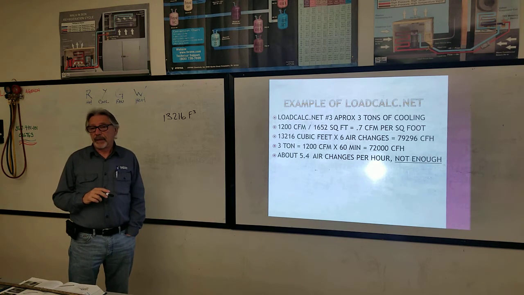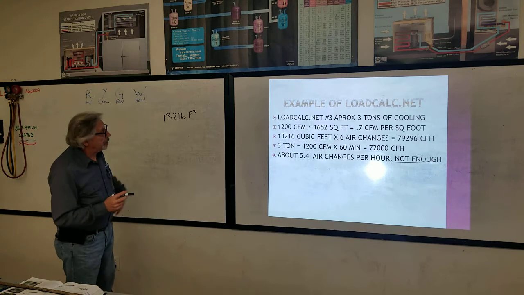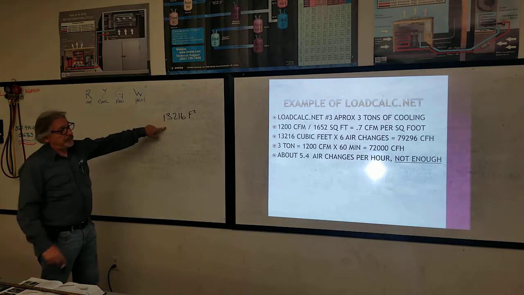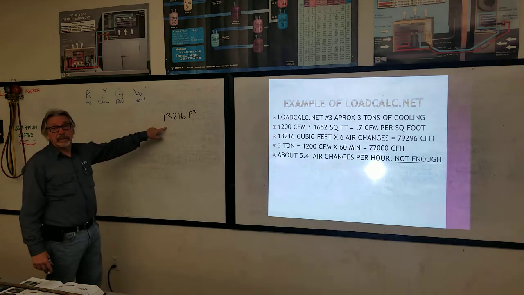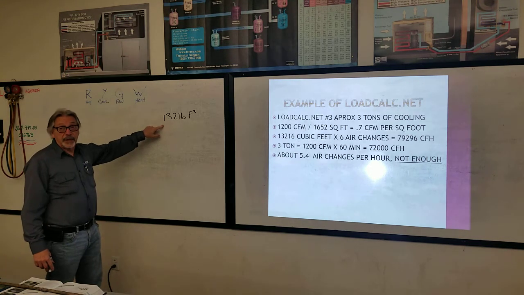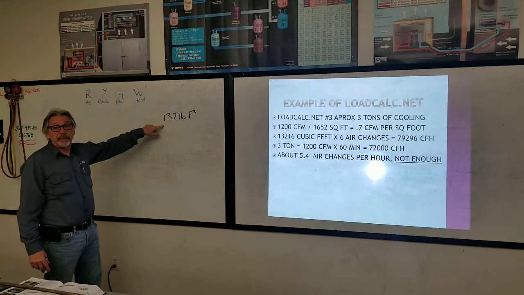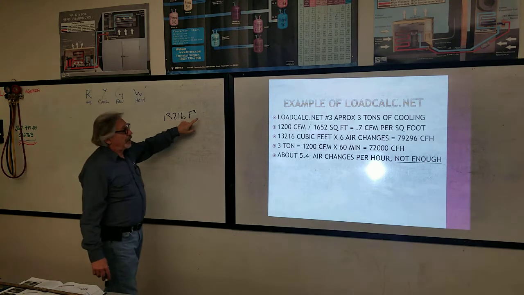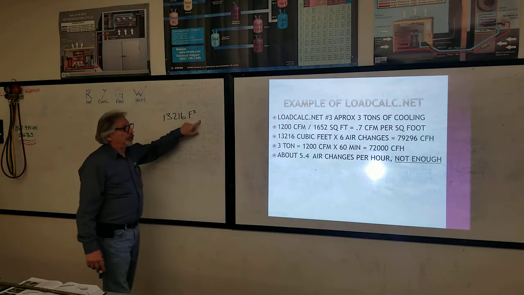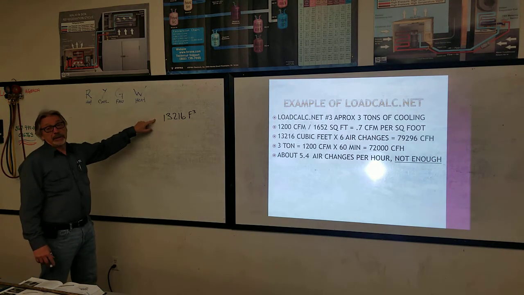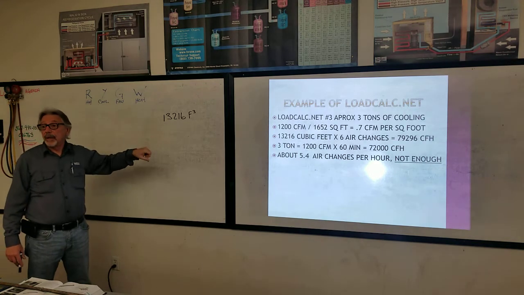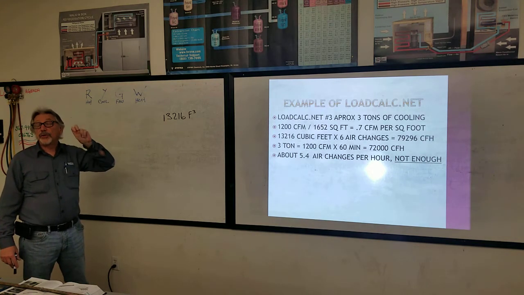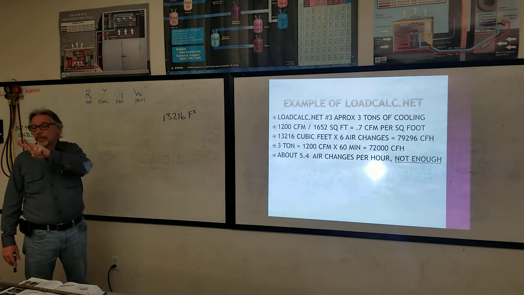So we're gonna figure out what our cubic feet per minute is. How many times we gotta change that out, right? 2 minutes per air change.